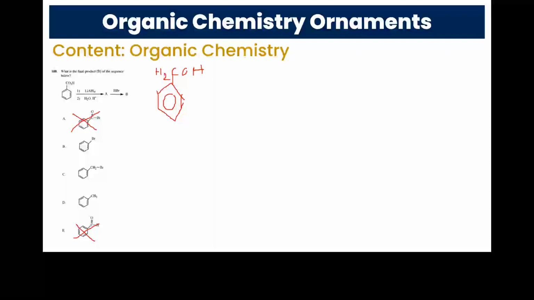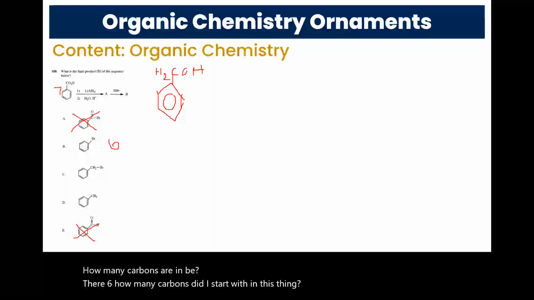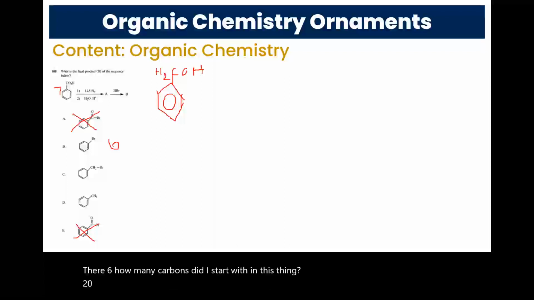There's 6. How many carbons did I start with in this thing? The OG has 7, that's right. The original has 7.